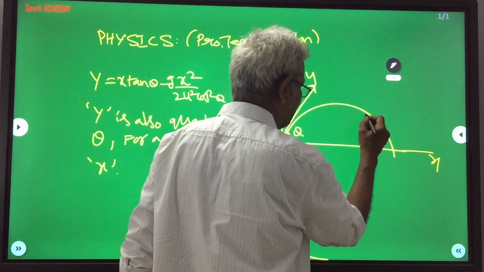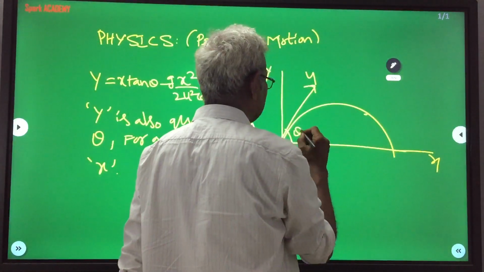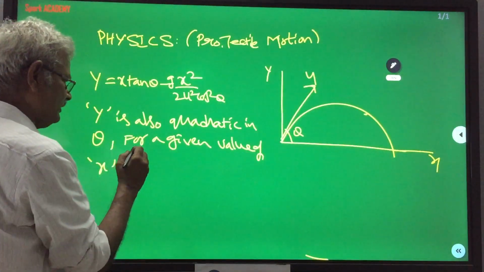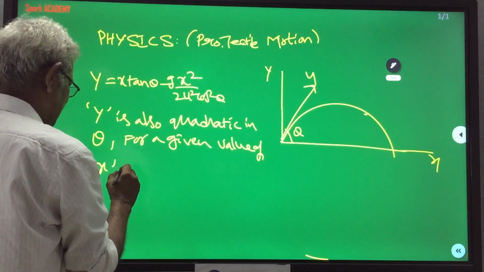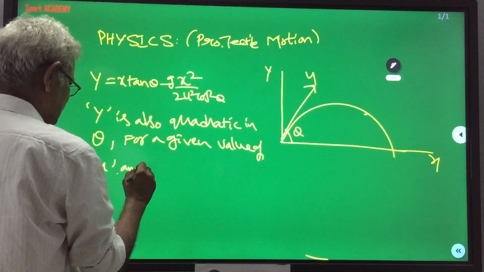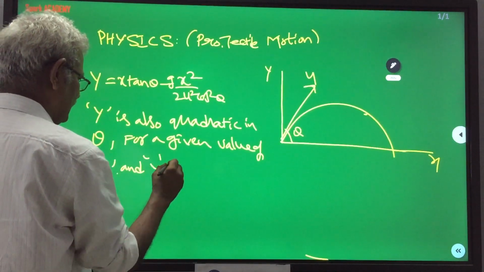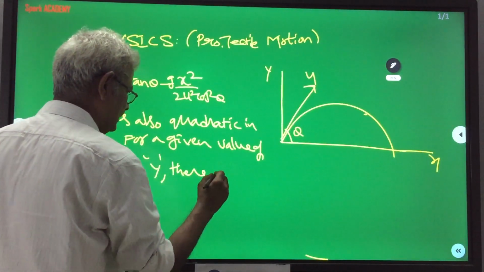That means here, if you take a point P, there are two angles of projection for a given value of x and y.